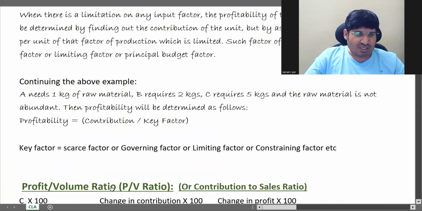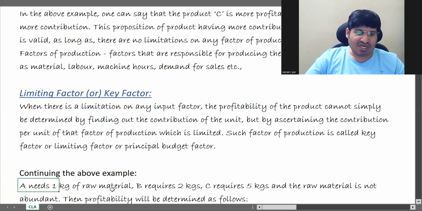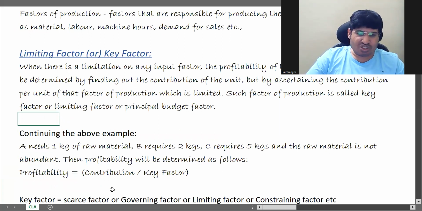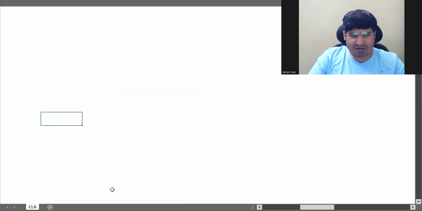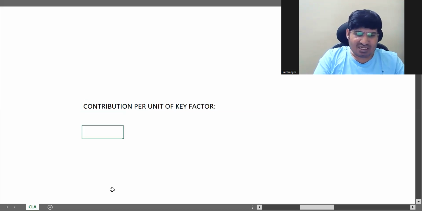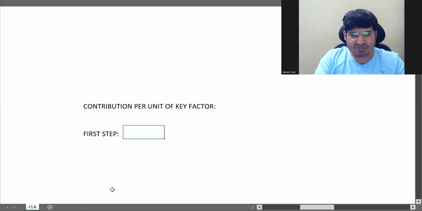Okay. Then we talked about limiting factor. Okay. So in limiting factor, you know that whatever is the limiting factor, how we will judge which product is more profitable is you will find the contribution per unit of key factor. Okay. Always find contribution per unit of key factor. So what you are going to do in key factor problems, just first find out contribution as usual. Okay. First step will be find contribution.